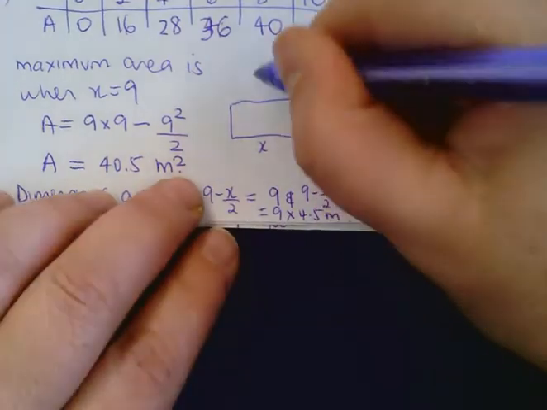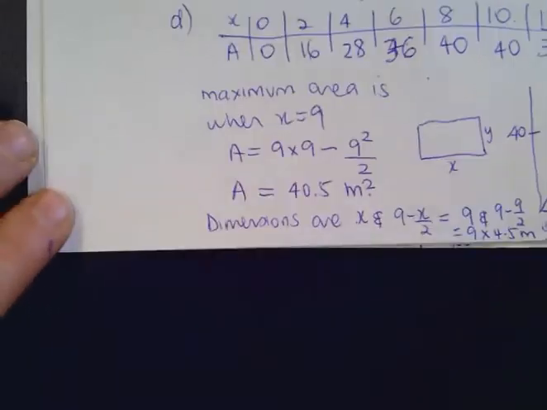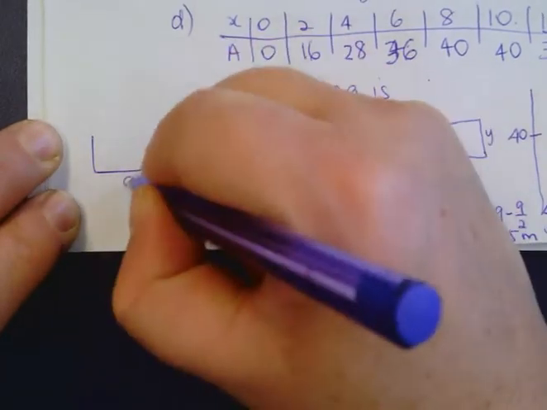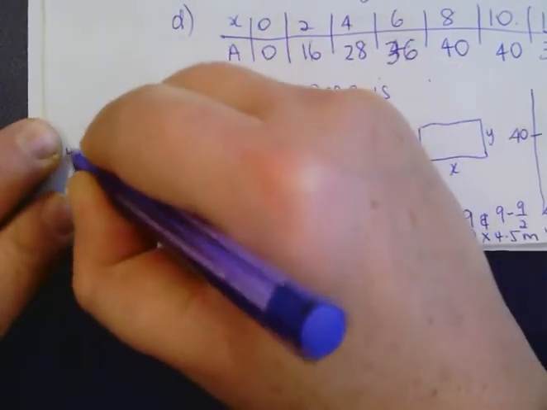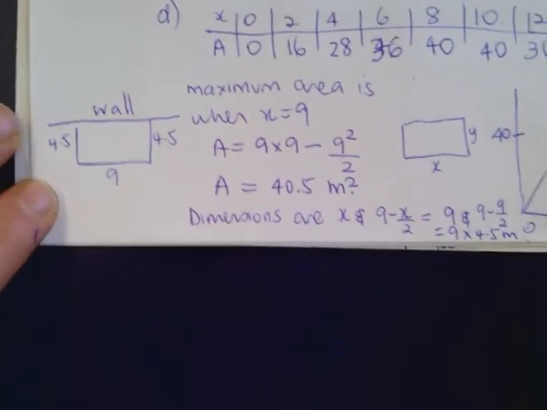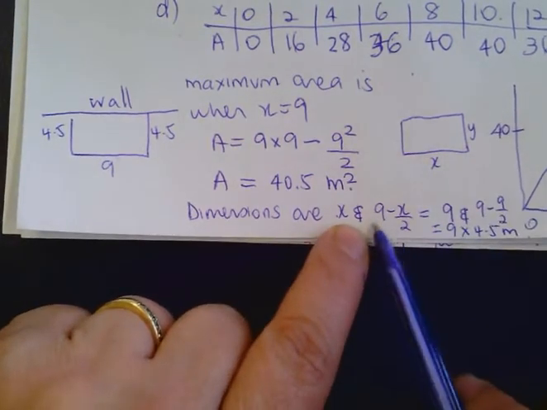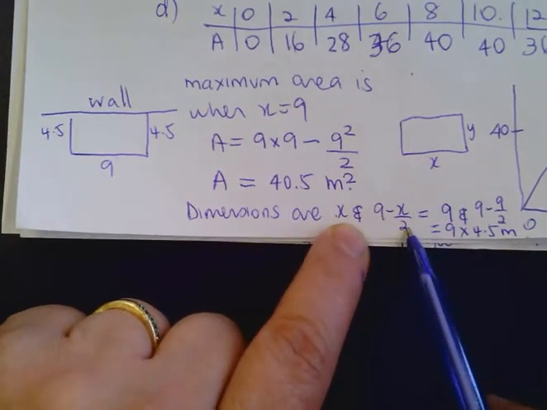The reason that works, look, this is your fence. You've got 9 here, 4.5 there, 4.5 there, and there's your wall. Does that make sense? Because remember, you've only got 18 meters of fencing. So the dimensions are x and y, but y happens to be 9 minus x on 2.